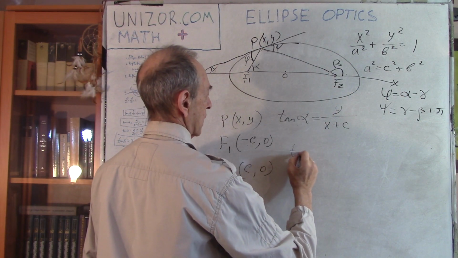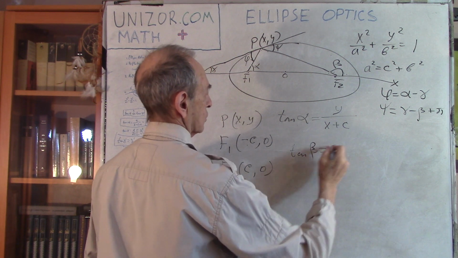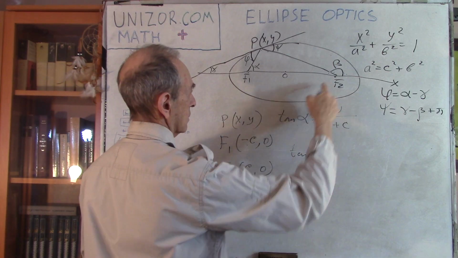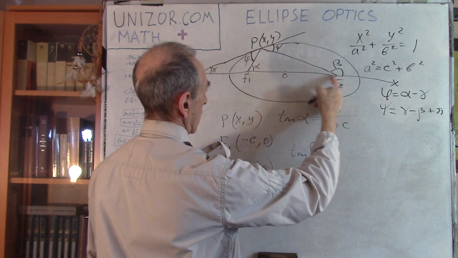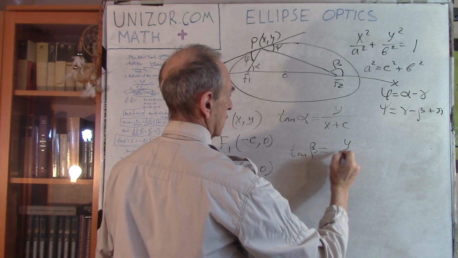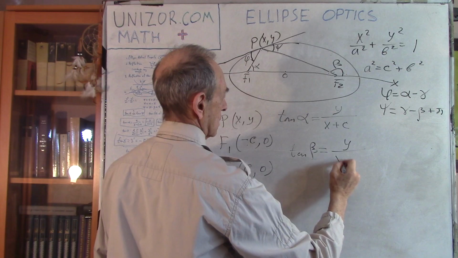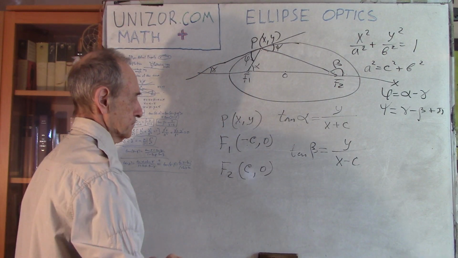So the tangent of beta is equal to y, again, y minus 0, so it's y divided by x minus c. Okay, done this.